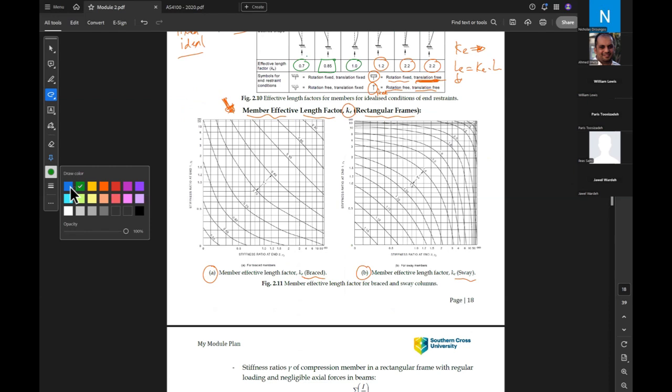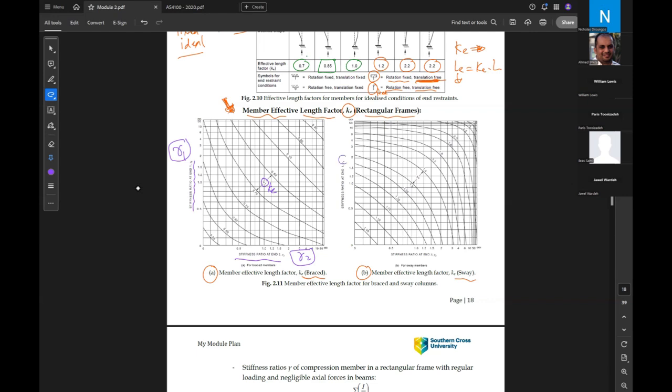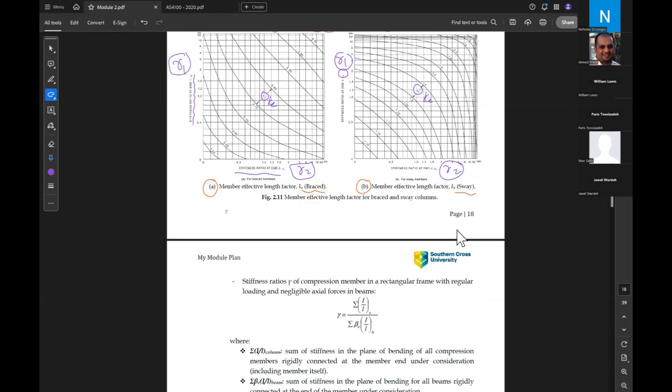If you look at these two charts, you will see that on the vertical axis we have gamma 1, and on the horizontal axis we have gamma 2. Each chart is representing one value of K. For the other one, also gamma 1 and gamma 2, and we have Ke. To use these two charts, we need to find gamma 1 and gamma 2, and using the chart we can find Ke.